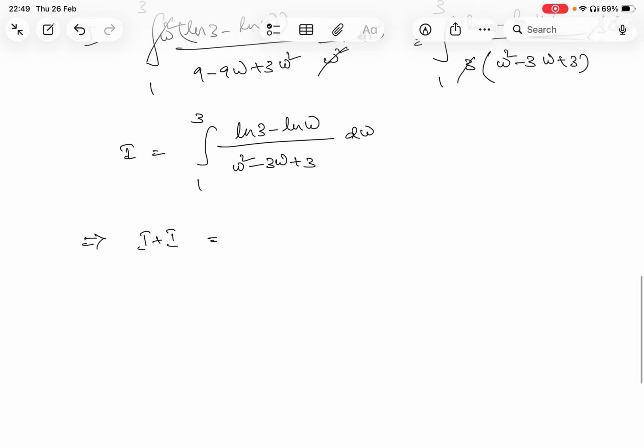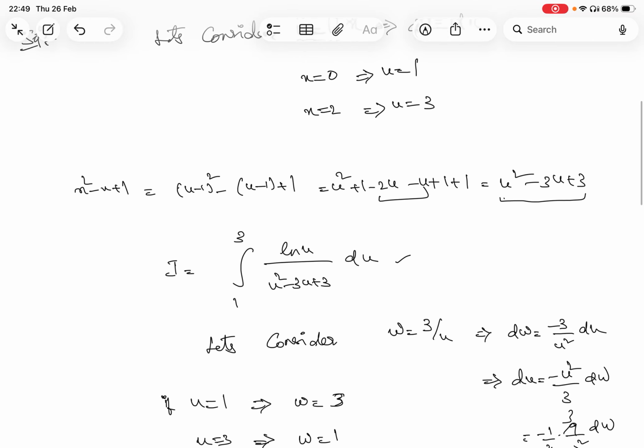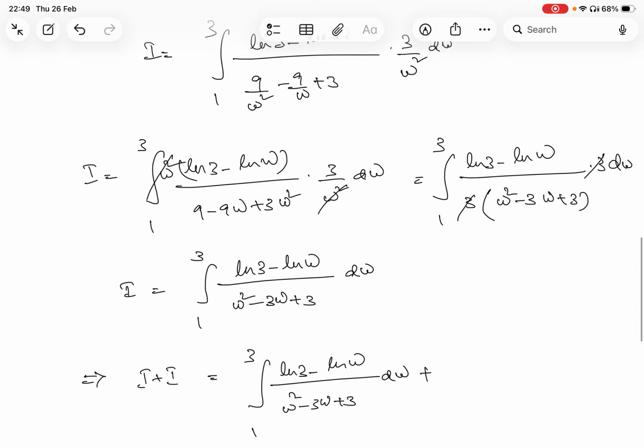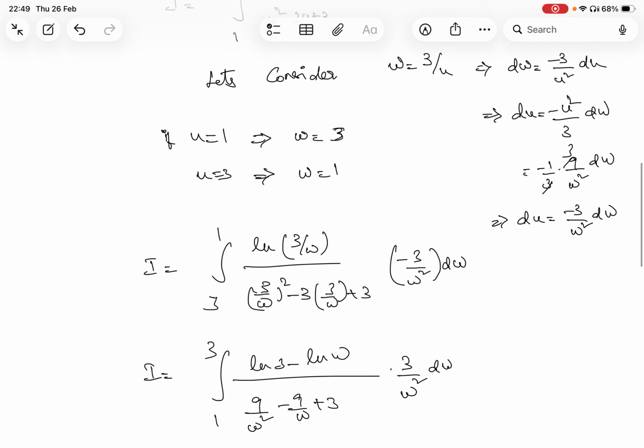You can write this as the integral from 1 to 3 of ln 3 minus ln w divided by (w² − 3w + 3) dw, plus we are adding I, which is this integral from 1 to 3 of ln u divided by (u² − 3u + 3).